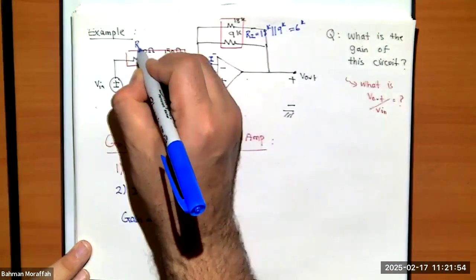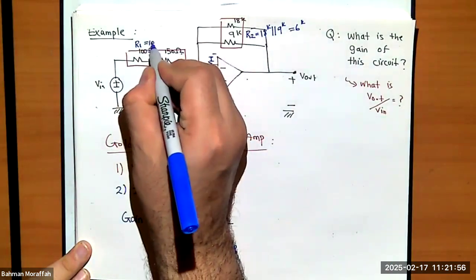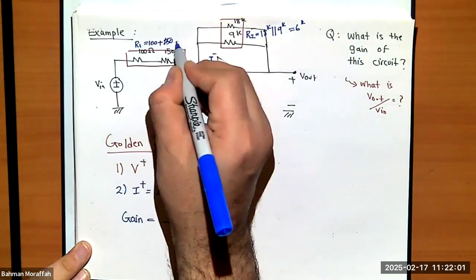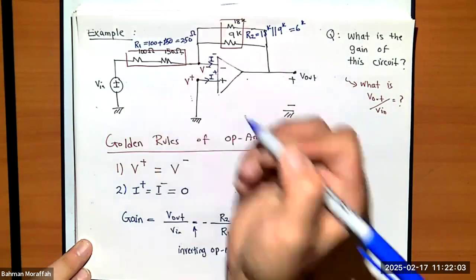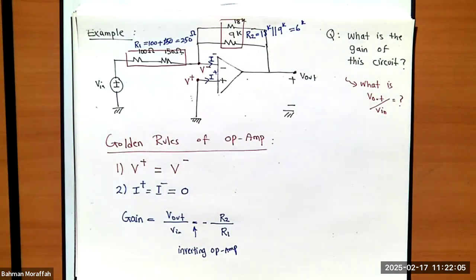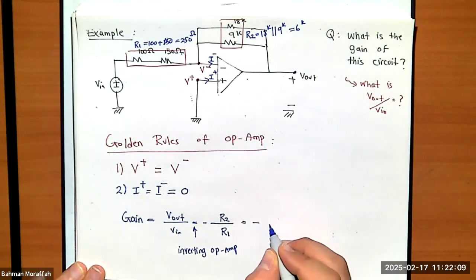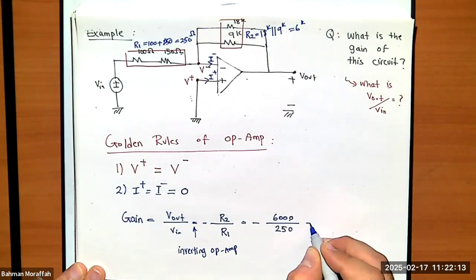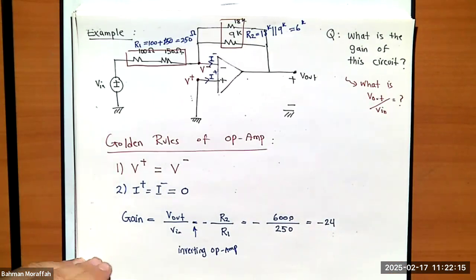R1 is these two in series, which is 100 plus 150, which is 250 ohms. If I divide them, it is minus 6,000 divided by 250, which is negative 24.